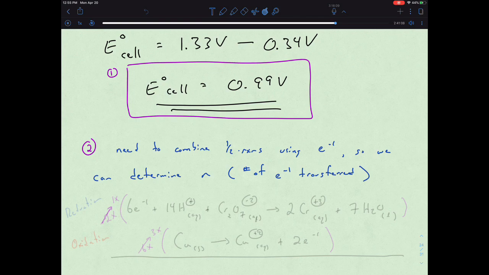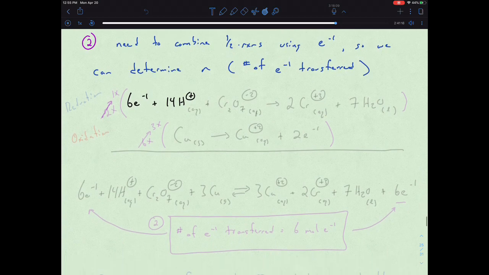So if we write those two reactions again, we had for the reduction this process with the dichromate being reduced to produce the chromium in the +3 state, as well as 7 H2Os. And we also know the copper reaction, or the oxidation side of things, with the loss of its 2 electrons.